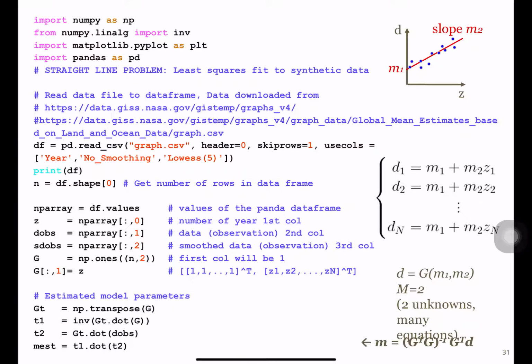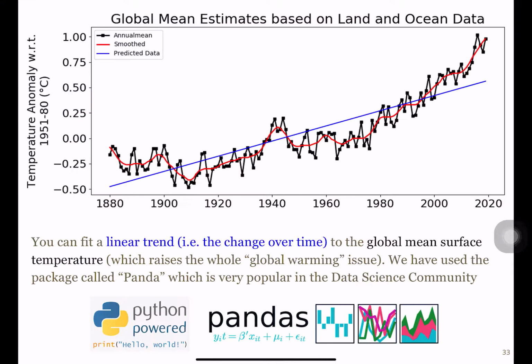So we have different formulas for each of the data, which are the temperature anomalies. Z are the time in here, and then we want to find out the intercept and the slope. So we want to find out the linear trend, the intercept, and the slope.